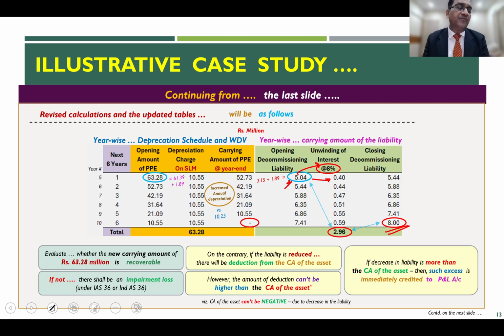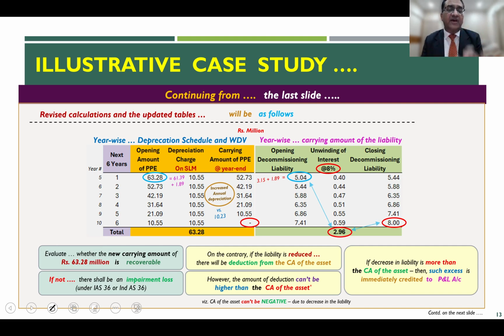That will give you 5.04 plus interest unwinding at 8% on this 5.04, aggregating to 2.96 million. So 5.04 plus 2.96 will give you 8 million. This is what you needed at the end of the 10th year as per the revised estimate. And you will use this 8 million to discharge your obligation. That's how the accounting has to be done under IFRIC 1 and Appendix 2 in AS 16.